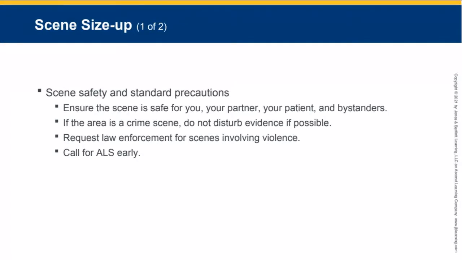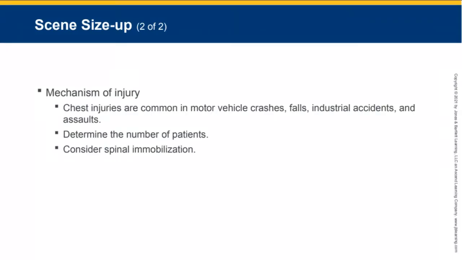So starting again with the scene size up, scene safety and standard precautions. Ensure the scene is safe for you, your partner, your patient, and bystanders. If the area is a crime scene, do not disturb evidence if possible. Request law enforcement for scenes involving violence. Call for ALS early. Mechanism of injury.